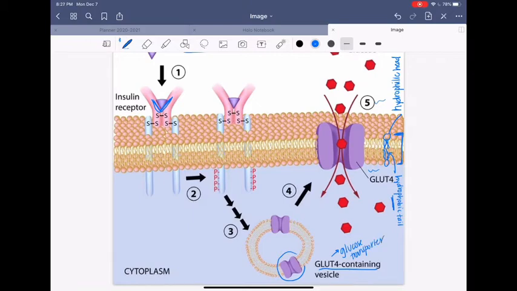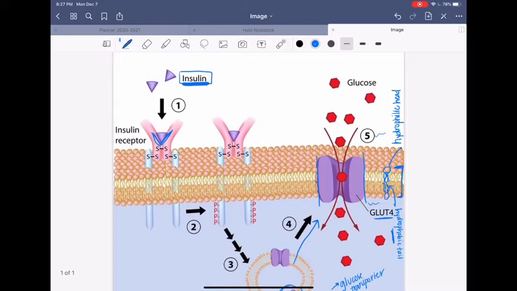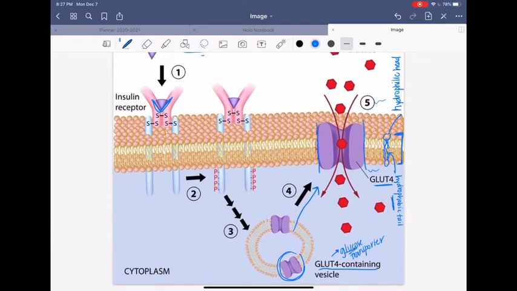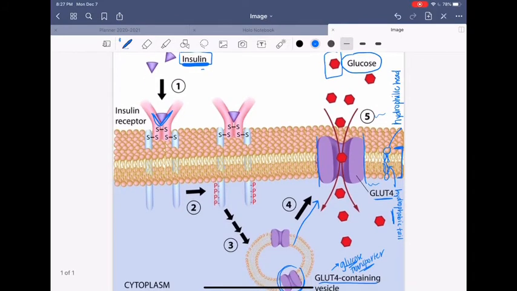And so these GLUT4 transporters are brought to the cell membrane and embedded here in the cell membrane. Here's our GLUT4 transporter being embedded in the cell membrane. Okay? So when you have sugar, insulin is produced. Insulin causes the glucose transporter to be brought to the cell membrane and embedded in the cell membrane. And then the glucose here, these red molecules, are allowed to move into the cell.